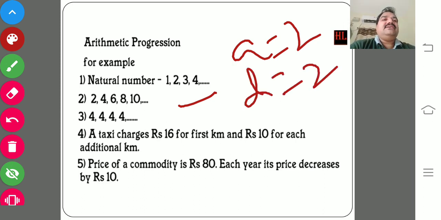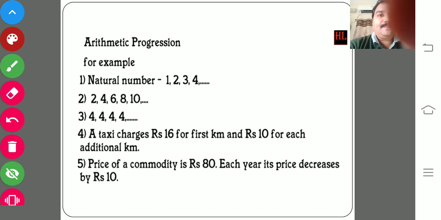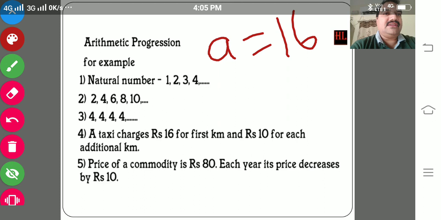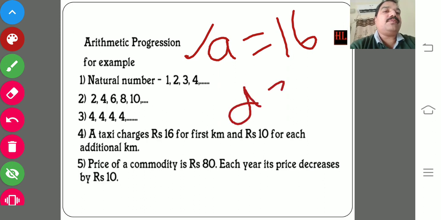Yes. And here you see that a taxi charges 16 rupees for the first kilometer and 10 rupees for each additional kilometer. So here you can easily guess: the taxi charges 16 rupees for the first kilometer, so A should be 16 rupees. For the remaining additional kilometers, you simply pay 10 rupees for each one.